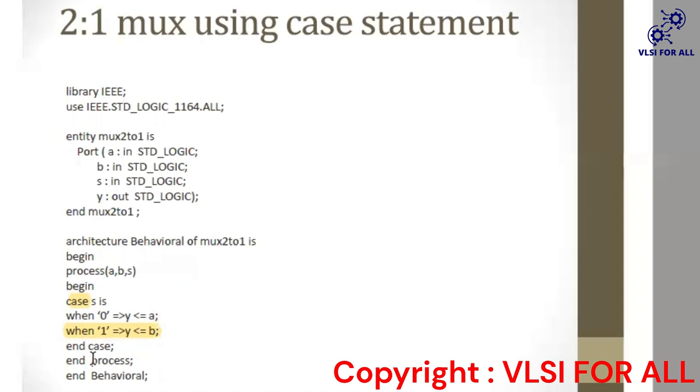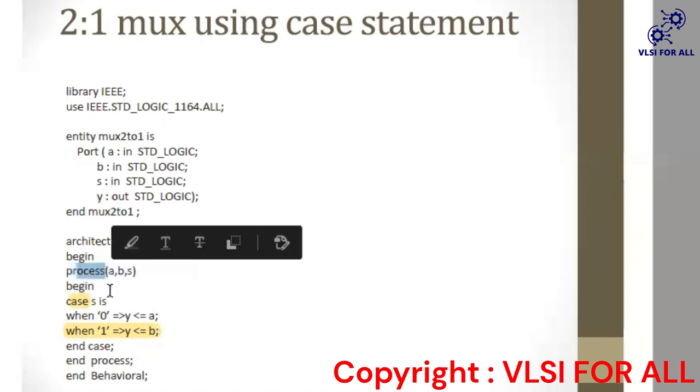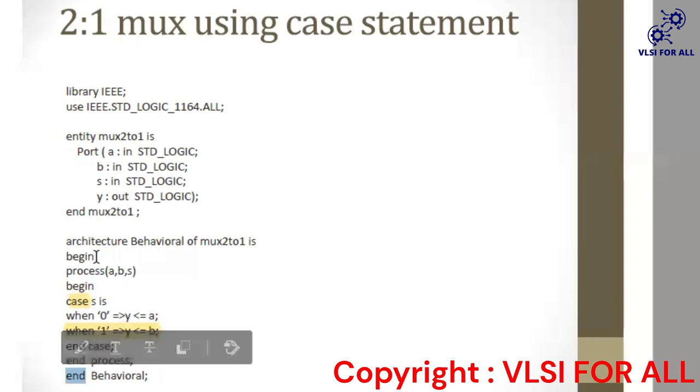After the case statement there is the process statement, so it will be end process, and at last end behavioral. So you can do it like that. Here we saw the 2:1 mux using three methods. All are correct methods, and you can use any which you want.